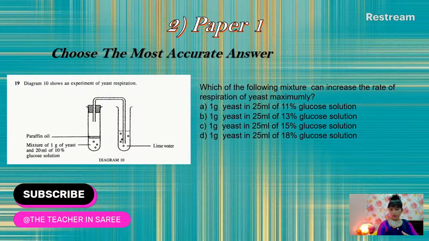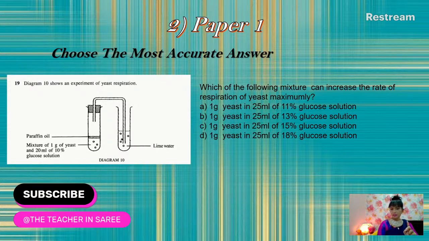So they have given you some options, and if you look at those options, actually all the options are correct, because in this question, they said a mixture of 1 gram, 20 ml and 10%. But here all the answers are above 10%, so definitely this will increase the respiration rate.